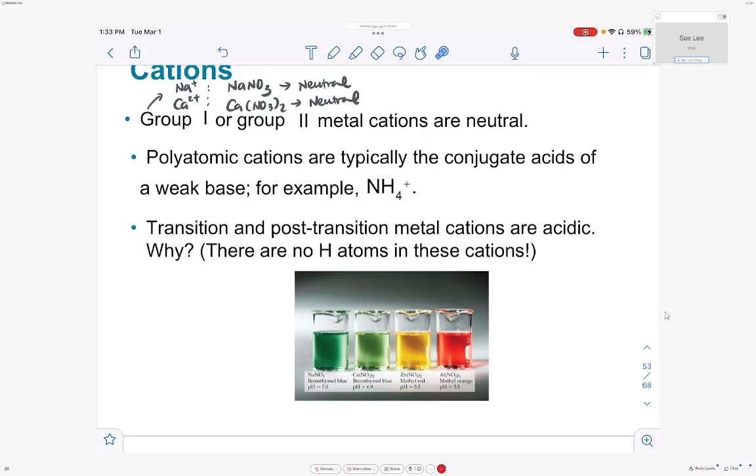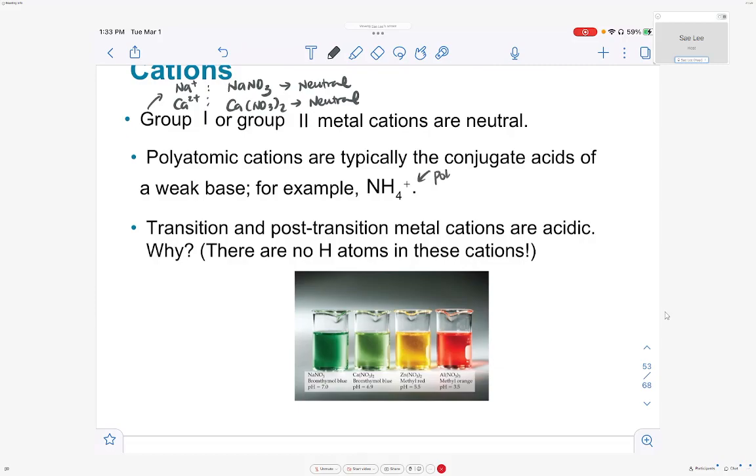Secondly, any salt containing polyatomic cations is going to be weakly acidic. So ammonium, for example, is a polyatomic cation.